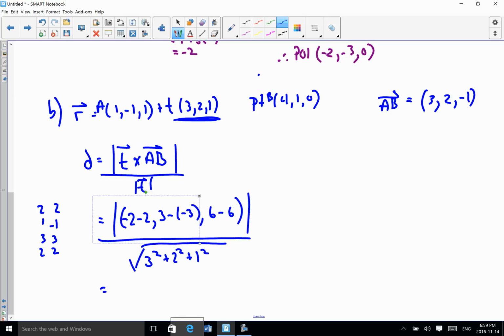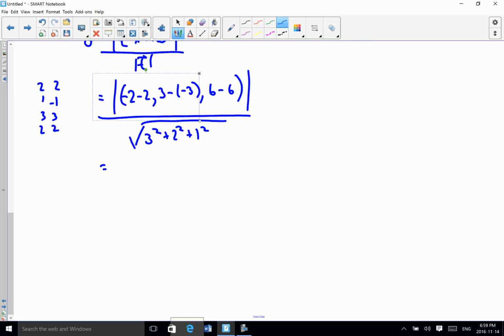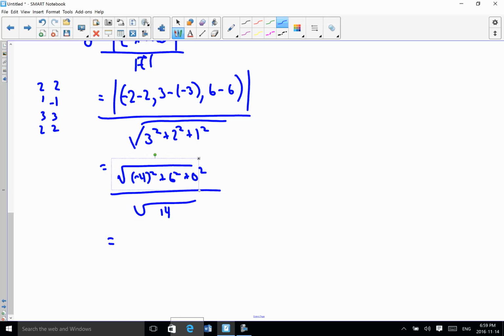So on top, we're doing the square root of negative 4 squared plus 6 squared plus 0 squared. On the bottom, we end up with the square root of 14. So on top, we end up with 36 and 16 makes root 52 over root 14. And it doesn't divide nicely, so you can leave it like that, or you can change it into decimals. Okay, and there's your distance.